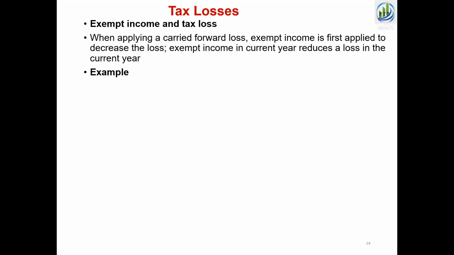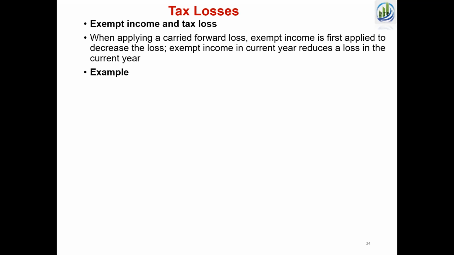So how much is your tax loss? $15,000. What is important is that you must immediately take out the exempt income component. Tax loss $15,000, exempt income taken out $10,000. So what is the new tax loss? $5,000.